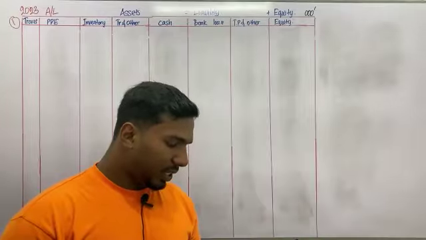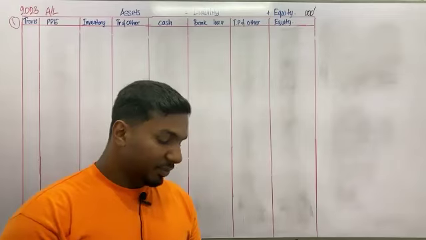2024 question number 3A. It's a 30 marks question.